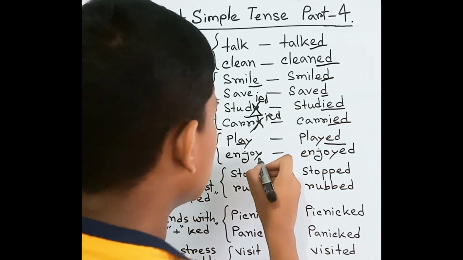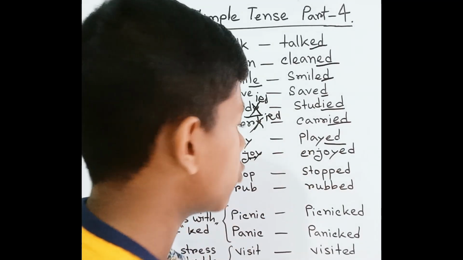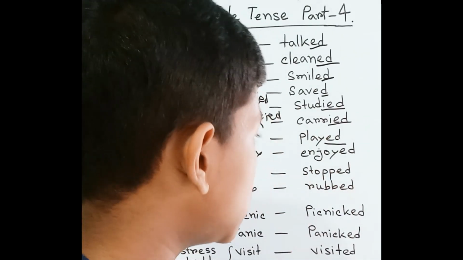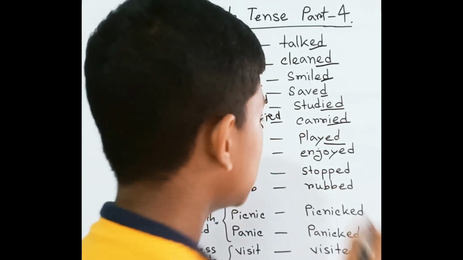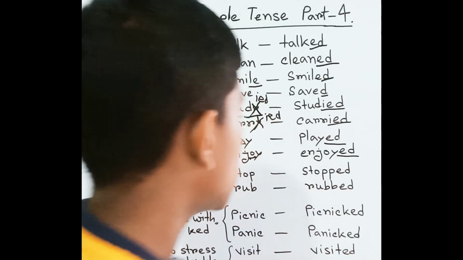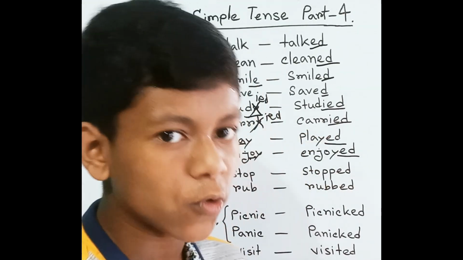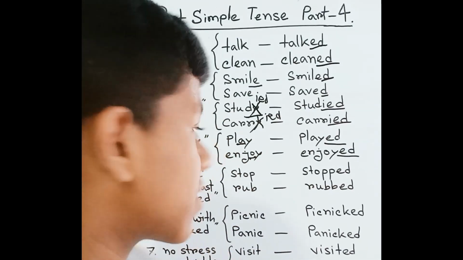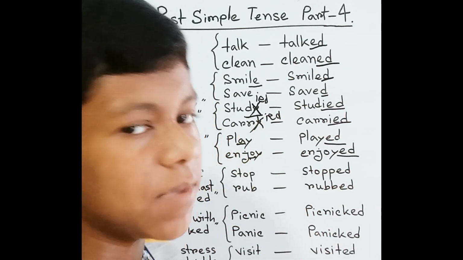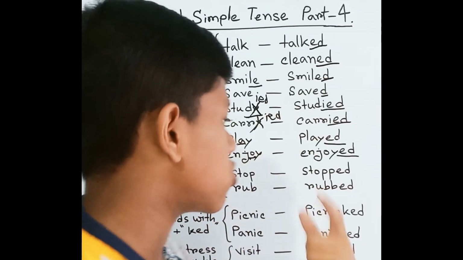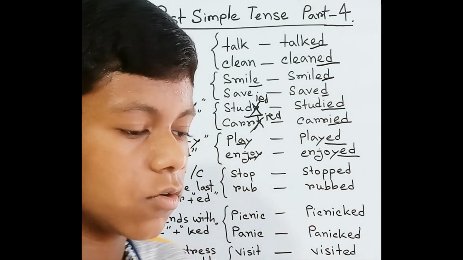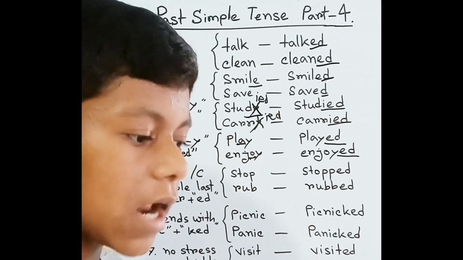Why? Because before the y we have a vowel, o, and the y stays the same, and we just add ed. I have just written two examples to make you all understand. So play becomes played, enjoy becomes enjoyed. So we have already understood numbers 3 and 4. You have to understand this.